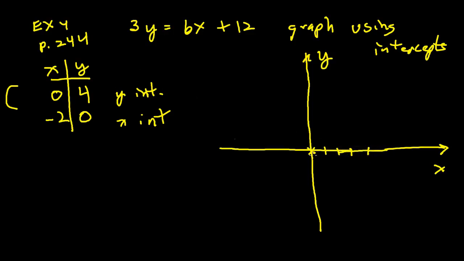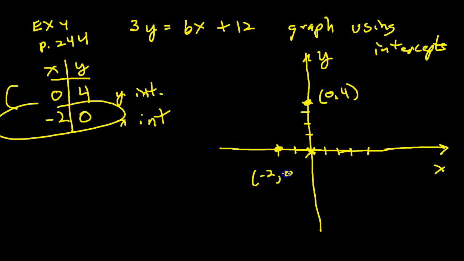If x is 0, that means I'm on the y-axis. Y is positive 4. All right, notice this is the y-intercept. So the x-coordinate must be 0. And similarly, if x is minus 2, y is 0. And if your y-coordinate is 0, you're on the x-axis. All right, there's the y-intercept, there's the x-intercept, and that's plenty enough to generate the line.